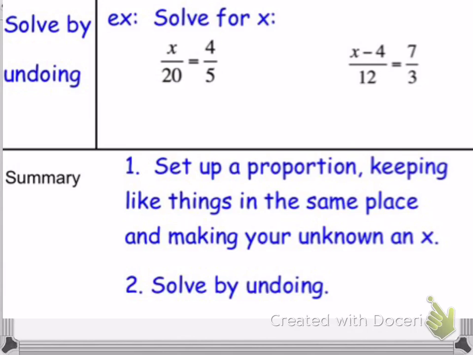The spot that's unknown, make sure you make that your x. Remember that you will be solving by undoing. Once you've completed taking these notes, please put everything away except for a writing utensil.